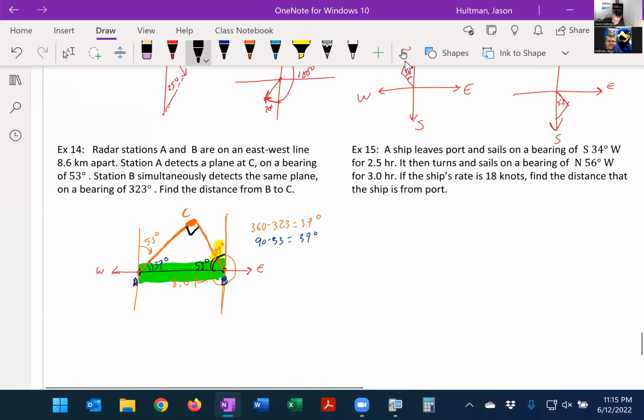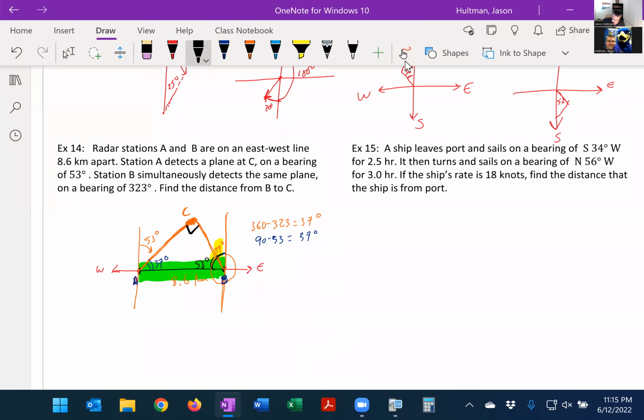So what are we really looking for here? I'm going to put this in black. We're really looking for this side of the triangle from B to C. How am I going to do that?